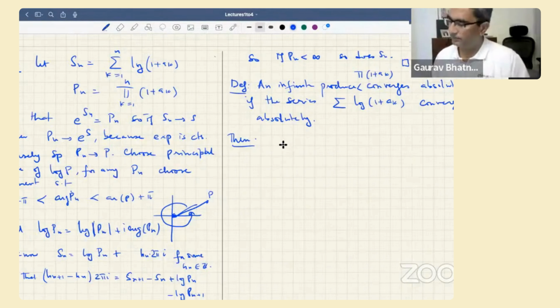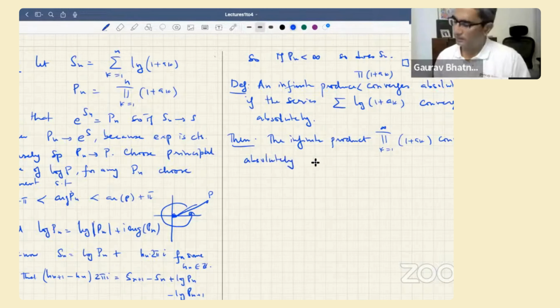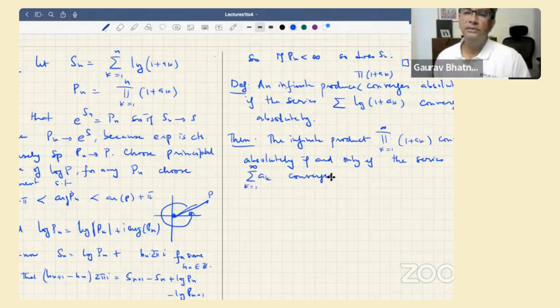Here's a theorem. The infinite product, k going from 1 to infinity, 1 plus ak converges absolutely if and only if the series summation ak, k going from 1 to infinity, converges absolutely.